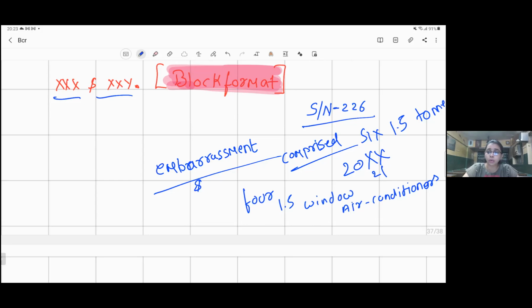This is the conclusion paragraph where you all are concluding the letter. You all will write it in this way.